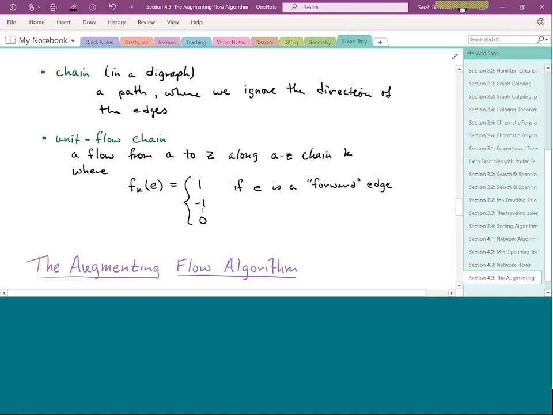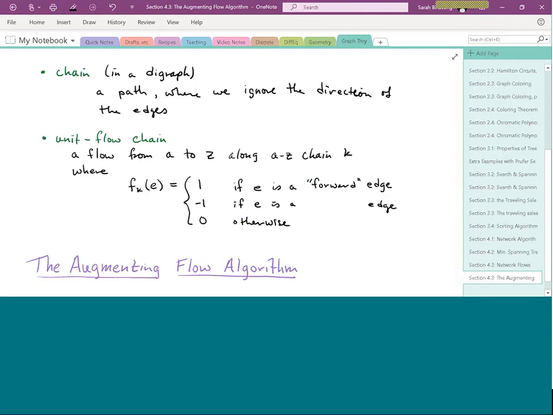Now, any guesses when the -1 would happen? +1 was when we traveled along an edge in the same direction as the directed edge. Yep.